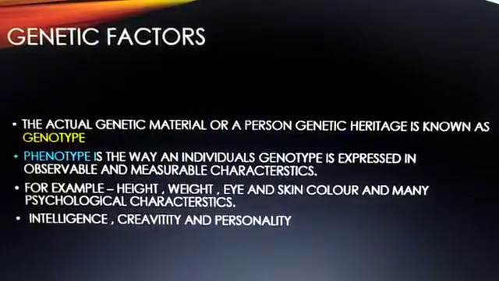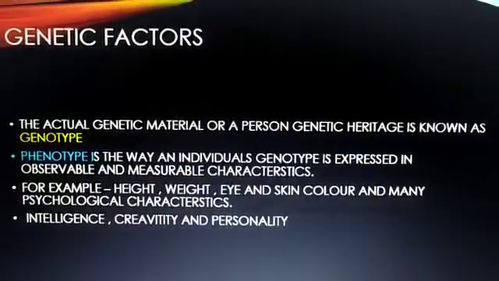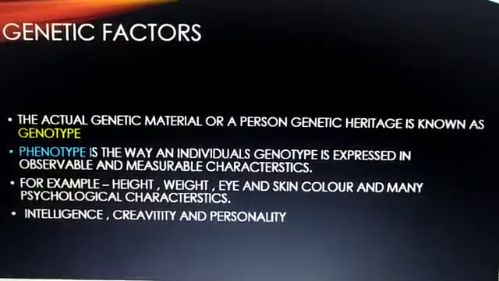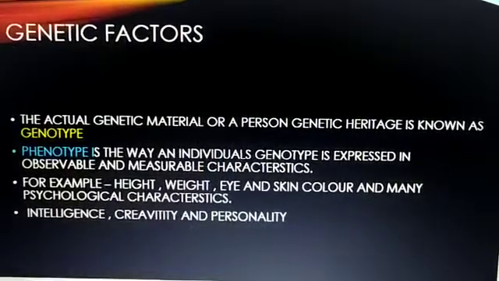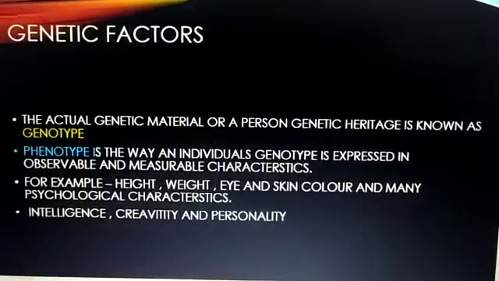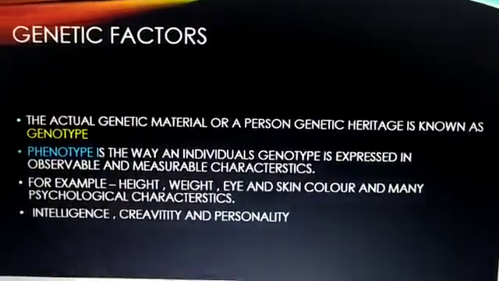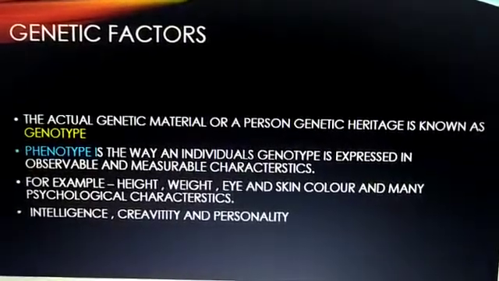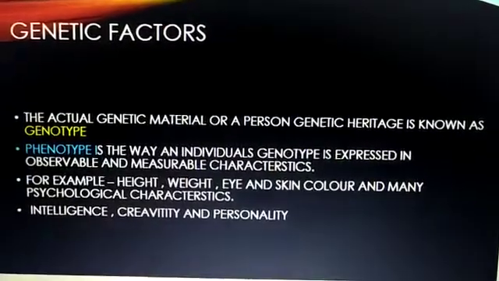Now children, if we talk about the genetic factors, the genetic material or a person's genetic heritage is known as genotype, whereas phenotype is the way an individual's genotype is expressed in observable and measurable characteristics. For example, height, weight, eye and skin color, and many psychological characteristics such as intelligence, creativity and personality.